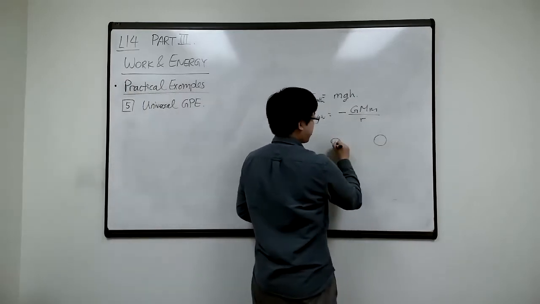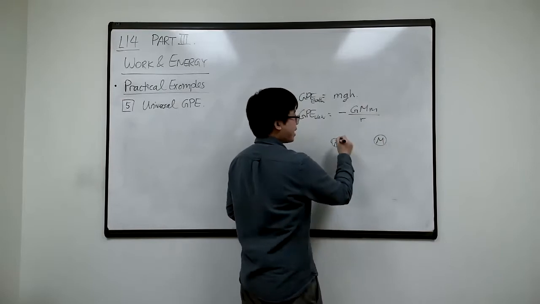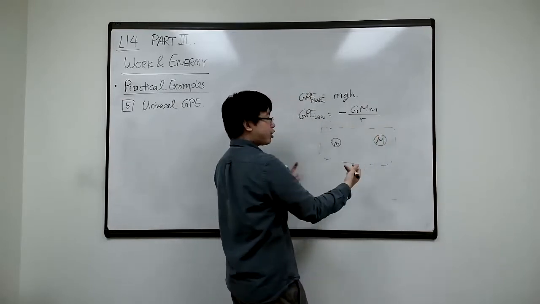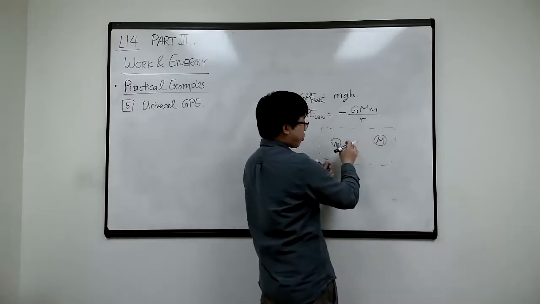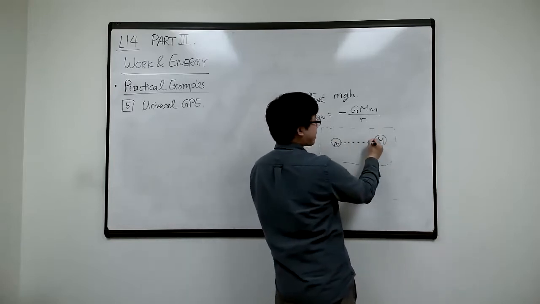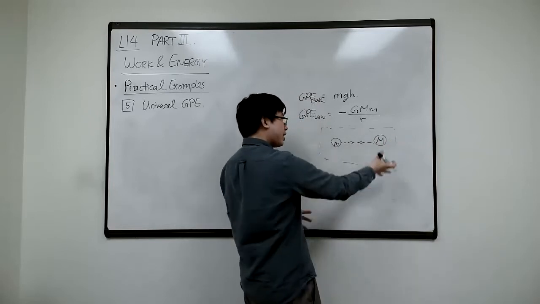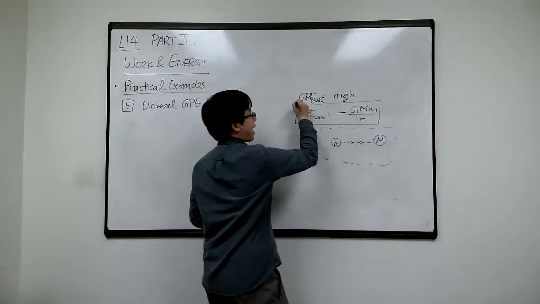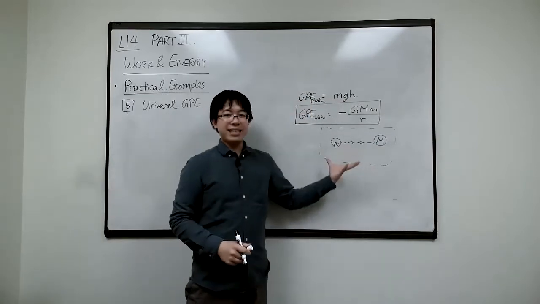So if you have two masses, little m and capital M, this system will have a gravitational potential energy. There's an attraction towards each other. So there's energy stored in here, right? There's gravitational attraction towards it. And this is the formula. You can put this in a box as well, of the energy that is stored inside this system.